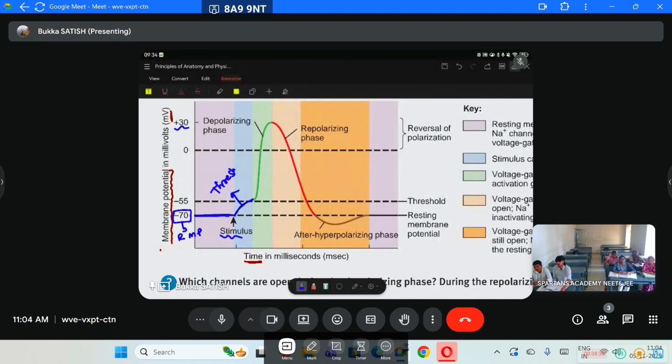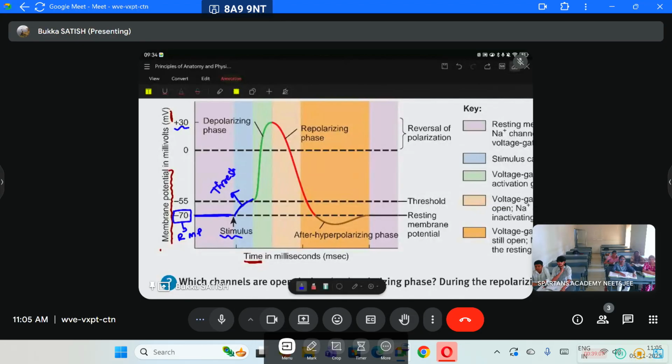Once this threshold potential is reached, you can see a green line. It is undergoing depolarization, from polarized to depolarized. Plus 30 is the membrane potential, so inside it is becoming positive. This is the depolarization phase. Is it clear up to this?